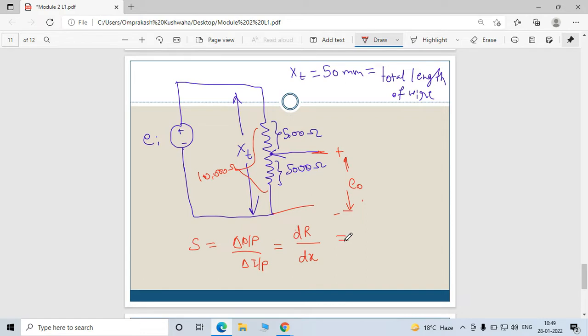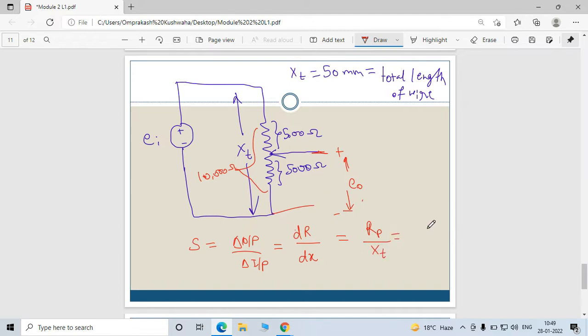So for the standard sensitivity of this whole bridge, it is Rp, the potentiometer resistance, divided by xt, the total length of your wire.